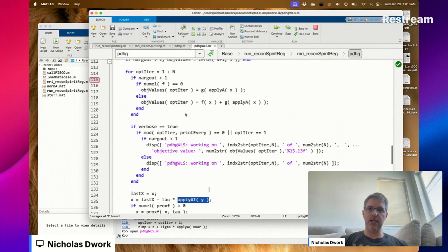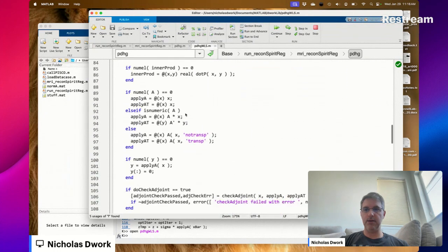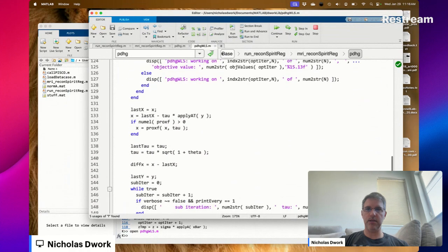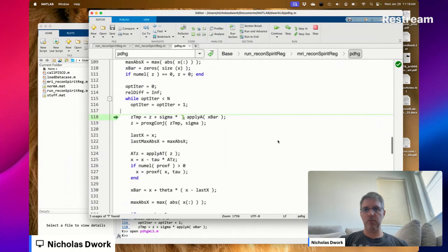We could just put an if statement right there that would run in every iteration, but then we wouldn't need to call this, which is probably a whole bunch of operations. Apply A x bar. Okay.